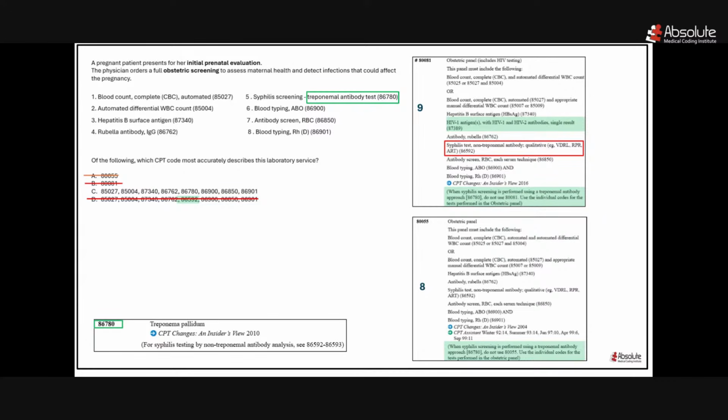Yes, I can see a lot of people are changing the answers in the chat. Yes, option C is going to be the correct answer.